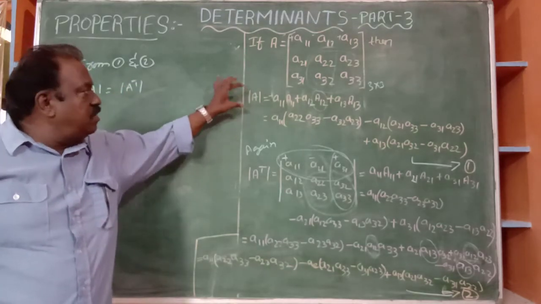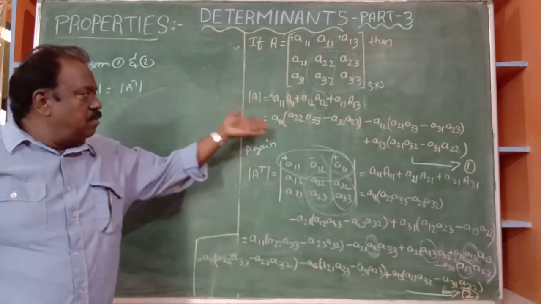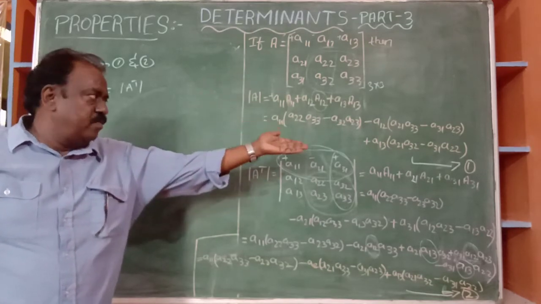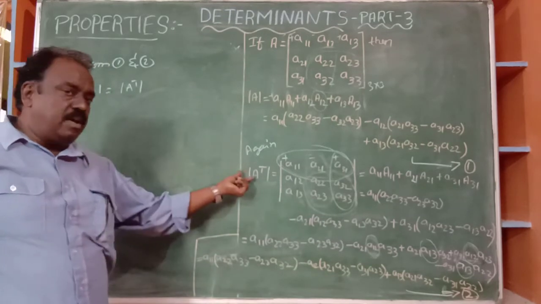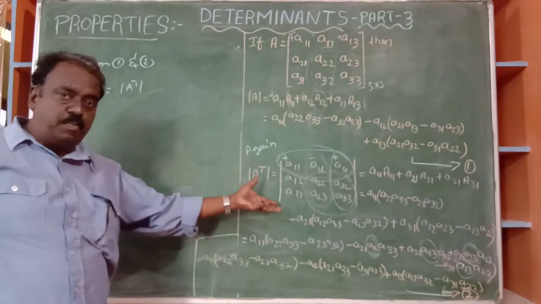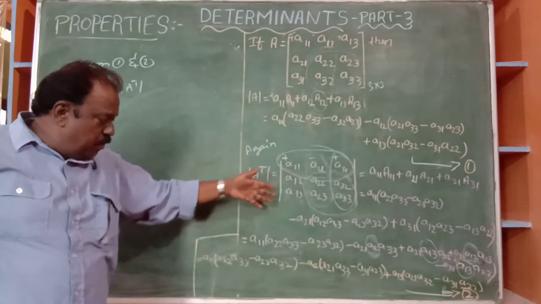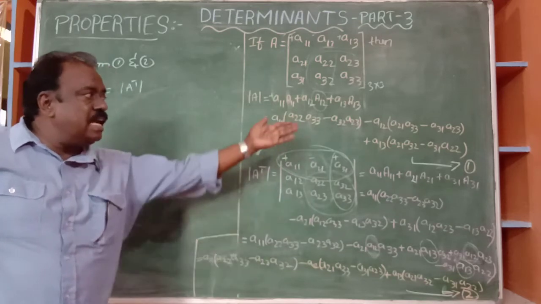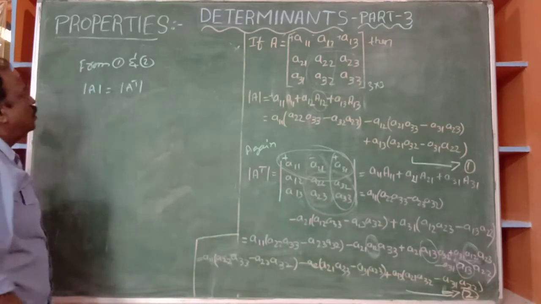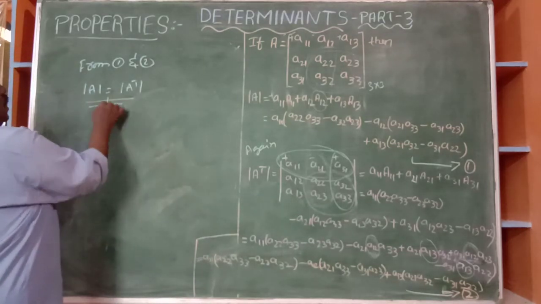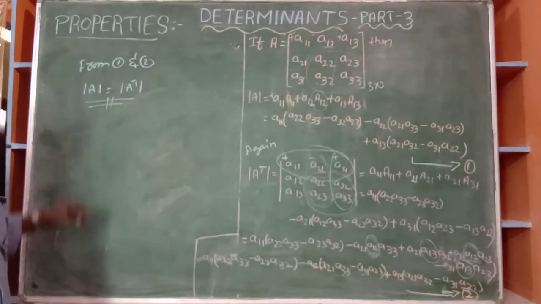First I considered delta of A, whose right-hand side has three brackets, that is equation 1. Again we consider delta of A transpose, where the same steps give three brackets, that is 2. So it is proved.